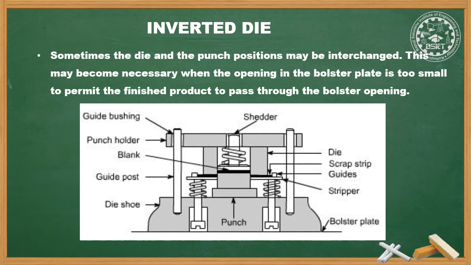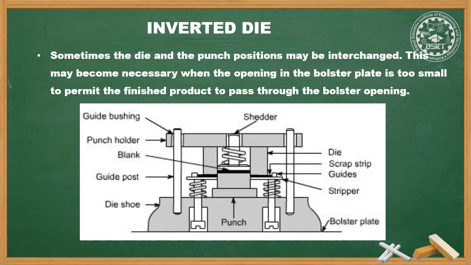During the downward stroke of the ram, the blank is sheared from the strip. The blank and the shedder are forced back into the die opening, which allows compensation by the spring in the die opening. At the same time, the punch is forced through the scrap strip and the spring attached to the stripper is loaded.